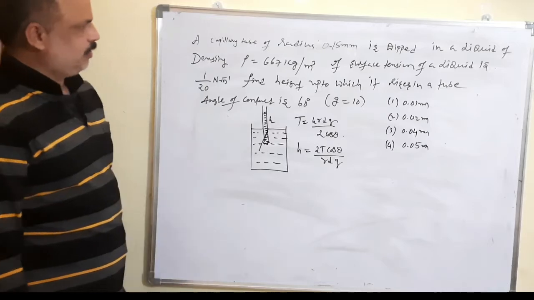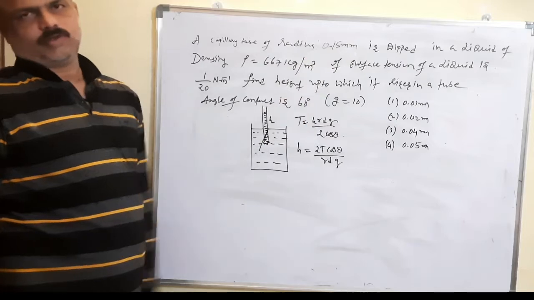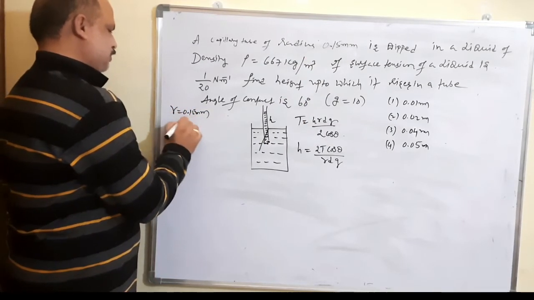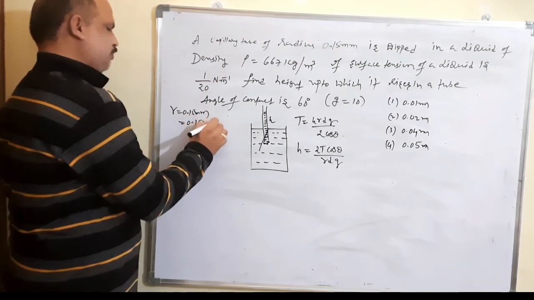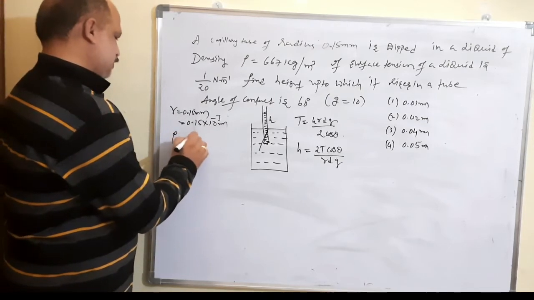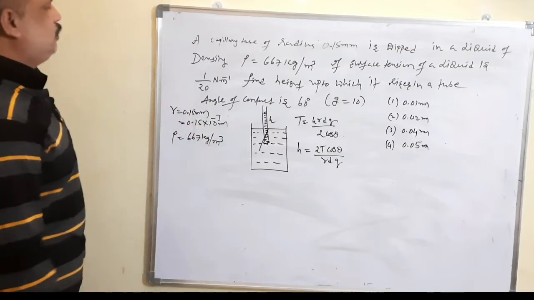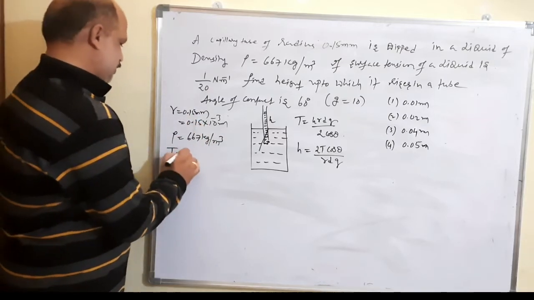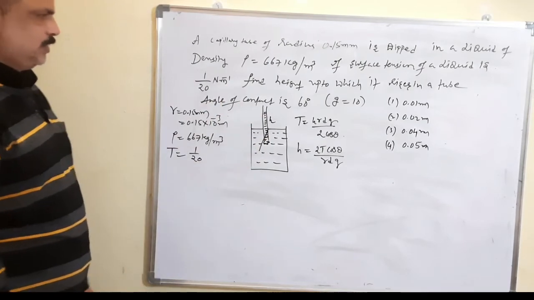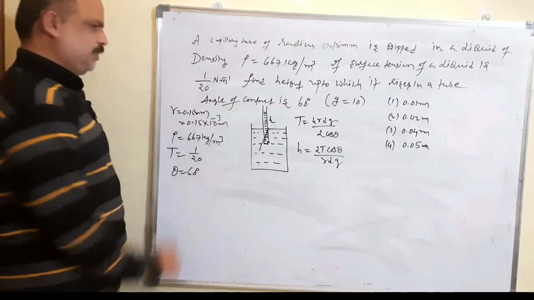Here what are the values given? Radius 0.15 millimeters. So r is equal to 0.15 millimeters, that is equal to 0.15 into 10 to the power of minus 3 meters. Density 667 kilogram per meter cube. Also surface tension T is equal to 1 by 20, and the g value they have given is 10. The angle of contact theta is 60 degrees.